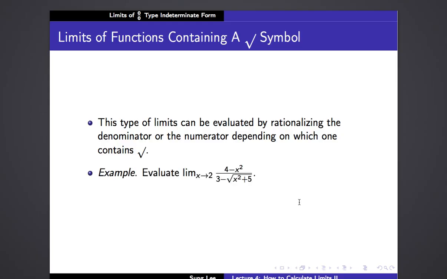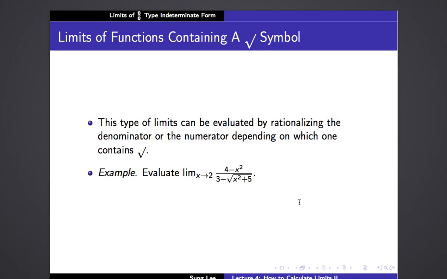All right, so here's an example. We want to evaluate the limit of 4 minus x squared, so that's a polynomial in the numerator, all over 3 minus the square root of x squared plus 5.